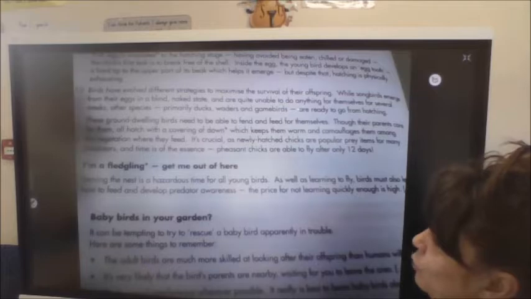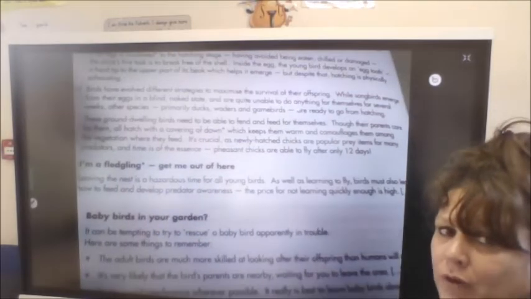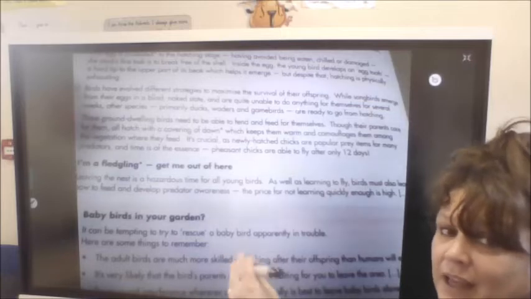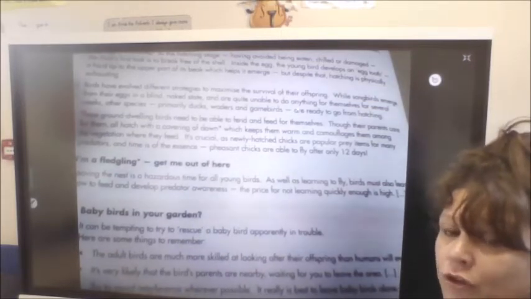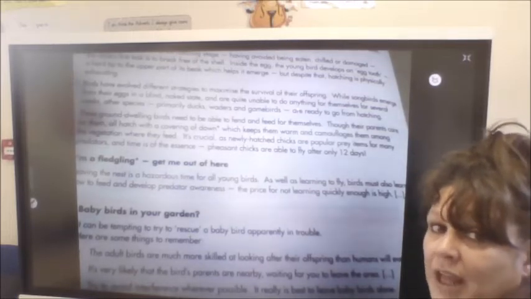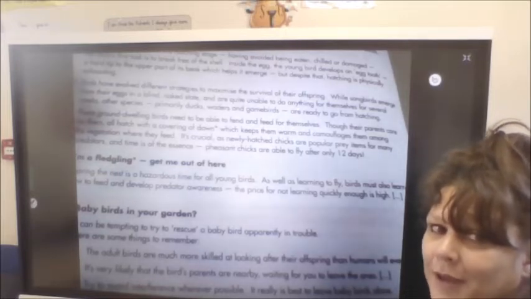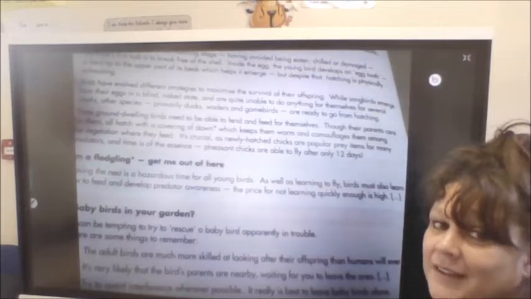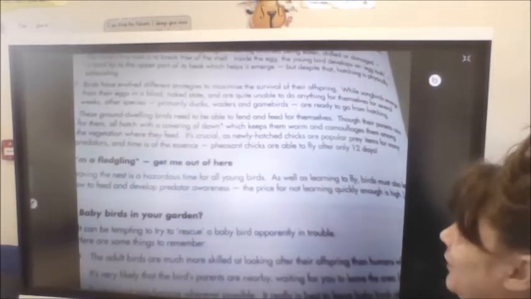So these ground-dwelling birds, those birds that live on the ground, they don't have nests in trees, they have nests somewhere in reeds or bushes or whatever, on the ground. And of course, they need to get going quickly because they are in harm's way, because they're low to the ground. Lots of things that find them very tasty are on the lookout for their young.